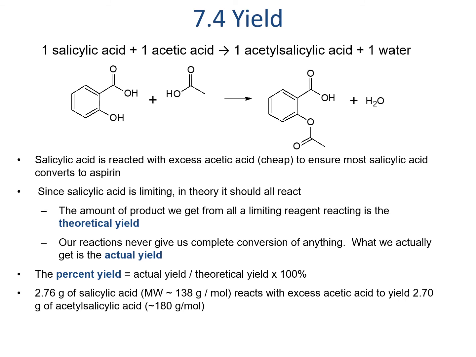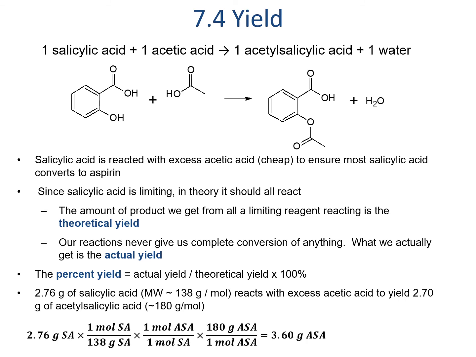Theoretical yield would be obtained by dividing 2.76 by 138 grams per mole to get moles of salicylic acid, then multiplying by the 1-to-1 ratio of acetylsalicylic acid to salicylic acid from the reaction stoichiometry, and then multiplying by 180 grams per mole to get a theoretical yield of 3.6 grams.